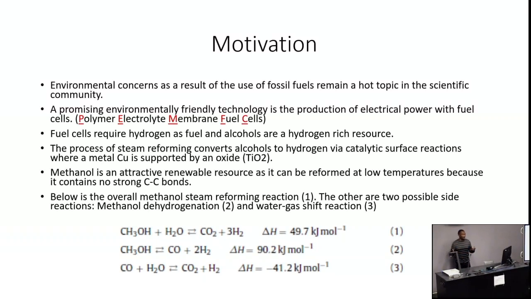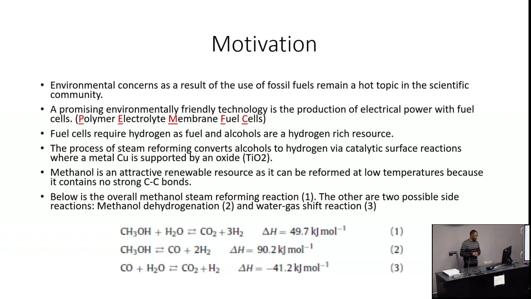But fuel cells require hydrogen as a fuel, and alcohols are a hydrogen-rich source. The process of steam reforming converts the alcohols to hydrogen via catalytic surface reactions, where the metal copper is supported by an oxide.